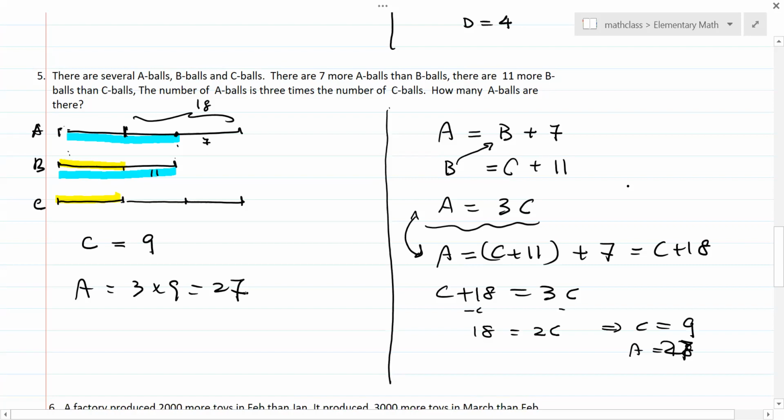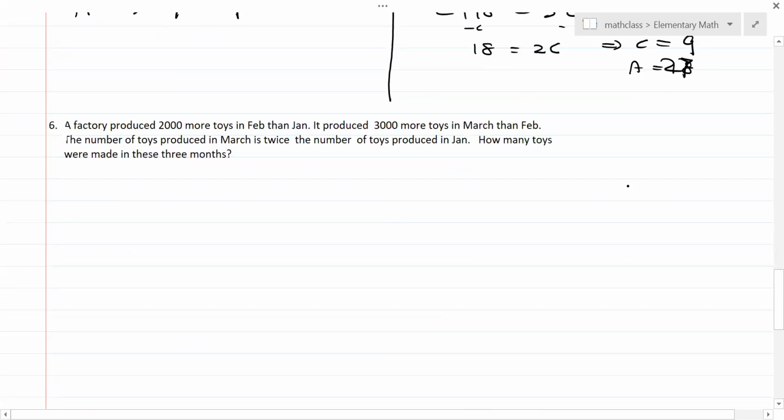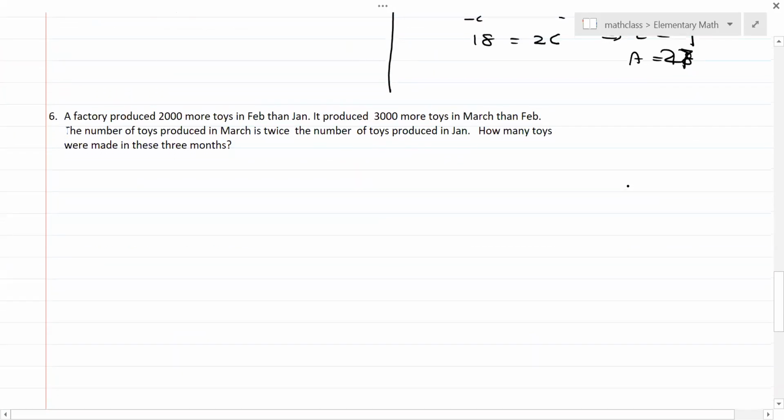All right, so now we're going to do the next problem. It's slightly different. A factory produced 2,000 more toys in February than in January. In January we don't know how many toys they produced, but in February they produced 2,000 more.